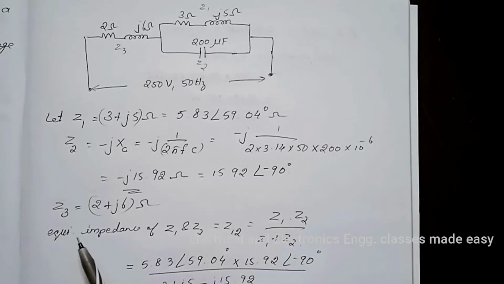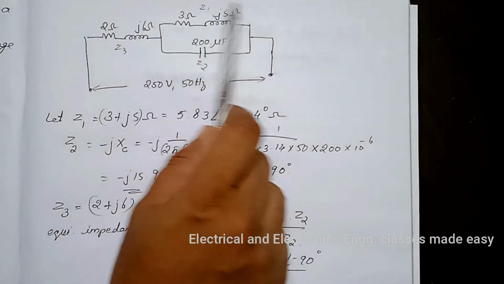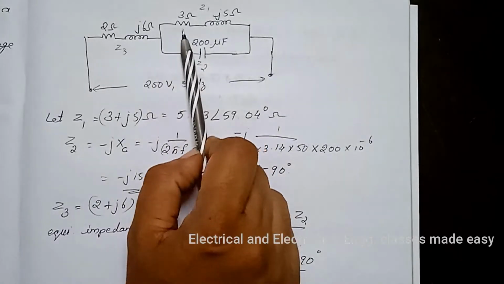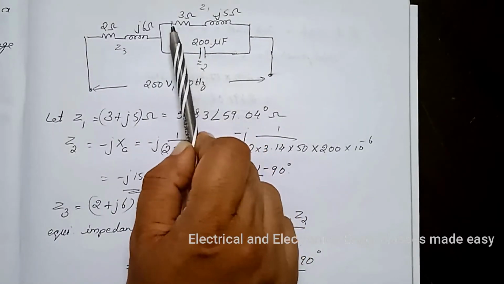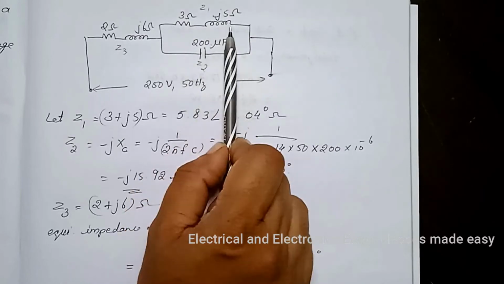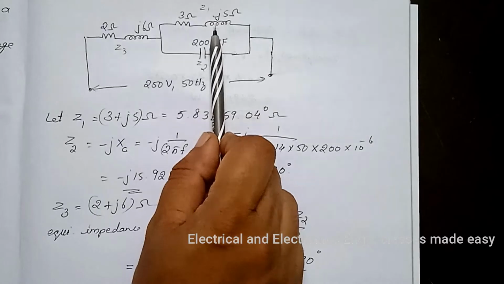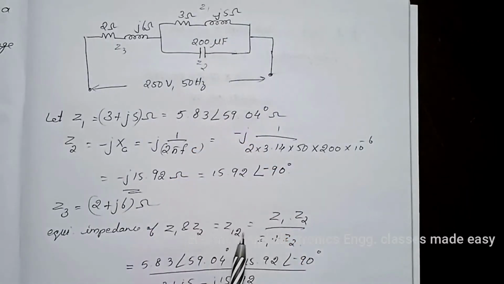Now we have to find the equivalent impedance of this circuit. So first of all, find the equivalent impedance of this parallel circuit, that is, the equivalent impedance of Z1 and Z2. Let it be Z12 equal to Z1 Z2 divided by Z1 plus Z2.